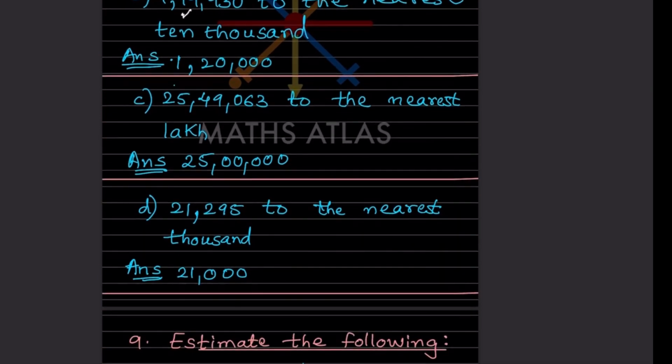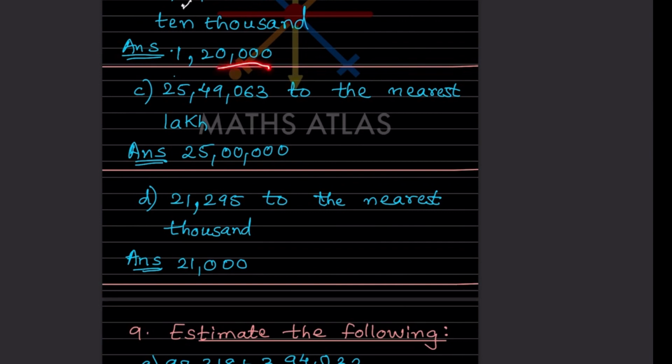Now we will go for the next one, which says that we have to round this number to the nearest lakh. So where is lakh? Ones, tens, hundred, thousand, 10,000, and this place is lakhs, isn't it? 5. So we are going to put a tick mark over here to concentrate. That tick mark is just to concentrate. Now look here, and we are going to see the next number.